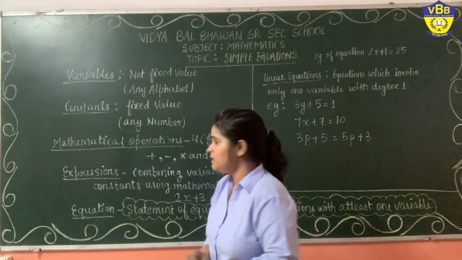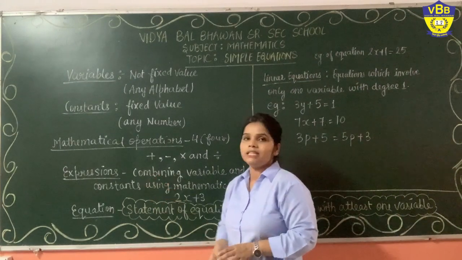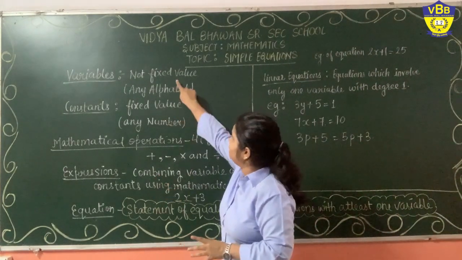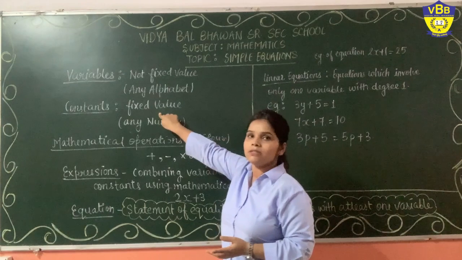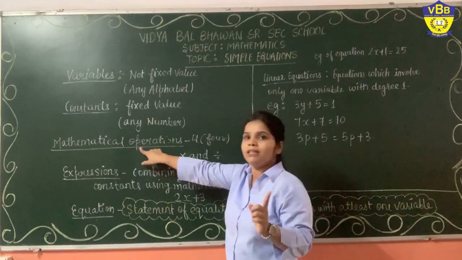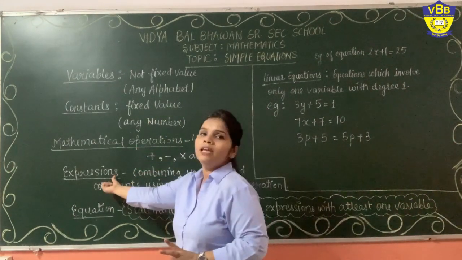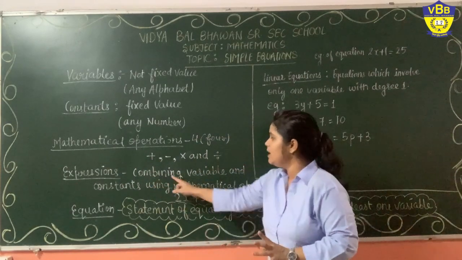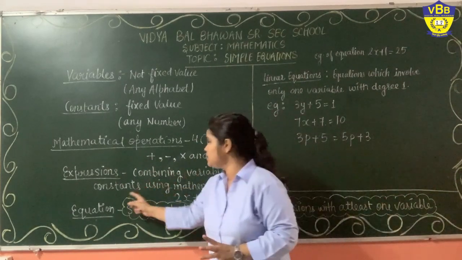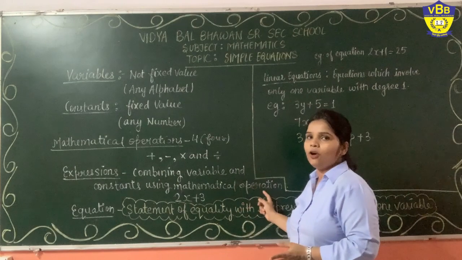What is an expression? Expression is basically when we combine variables and constants with the help of any mathematical operation, it forms an expression. Here it is written the same, combining variables and constants using mathematical operation.